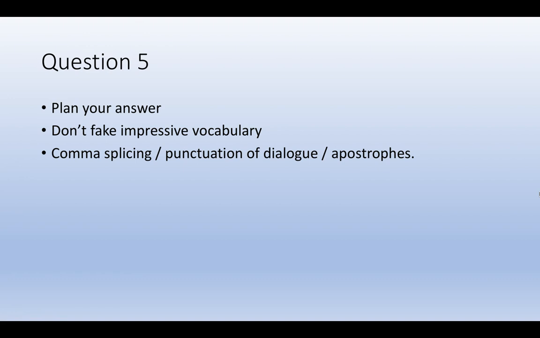Now, a comma does a lot of different things, and I'm going to put 3 videos in the description: one on commas, one on punctuation of dialogue, and one on apostrophes, or 2 on apostrophes, because I actually have 2. A comma has a lot of uses, but the use of a comma is never to divide complete sentences. That's a full stop normally, occasionally a semicolon if the 2 sentences are about the same topic, but you wouldn't want to use too many semicolons. So never use a comma to divide complete sentences.